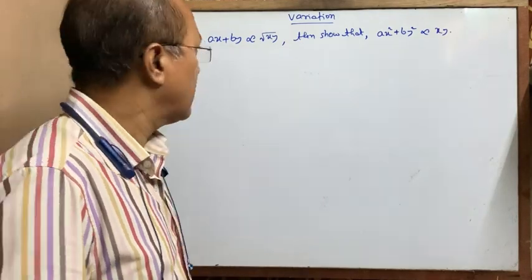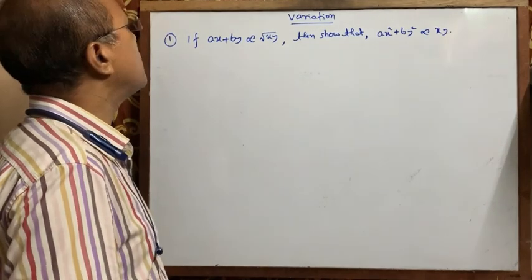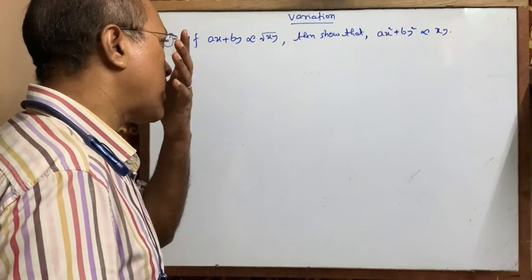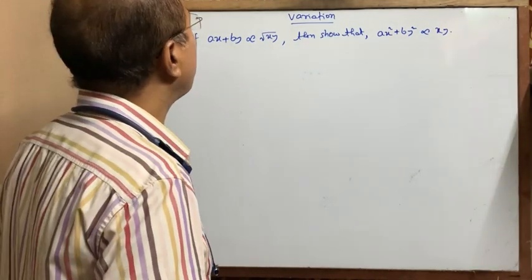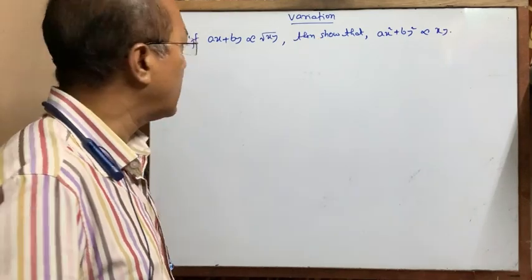Let's see what is given here: if ax plus by is proportional to root xy, then show that ax square plus by square is proportional to xy. This is given, and we have to prove this one, right?